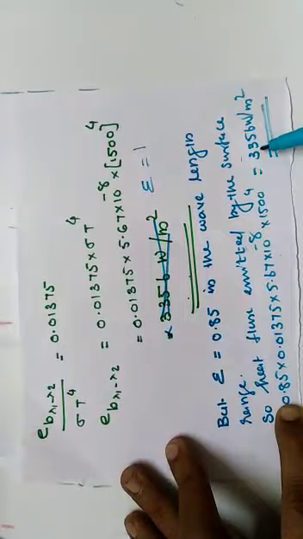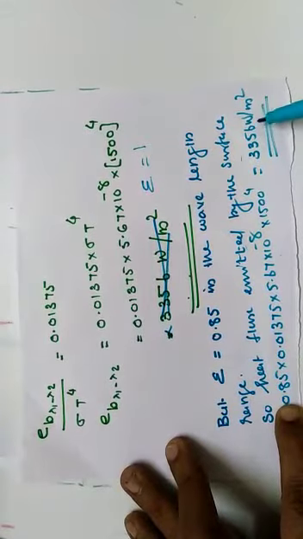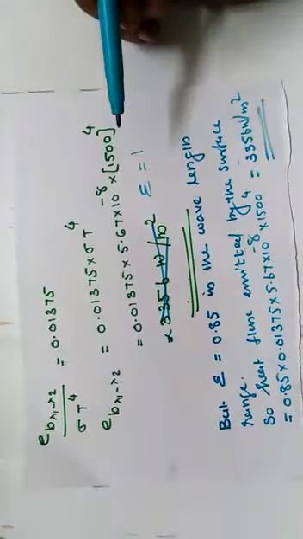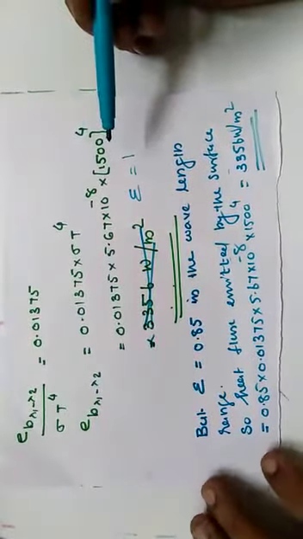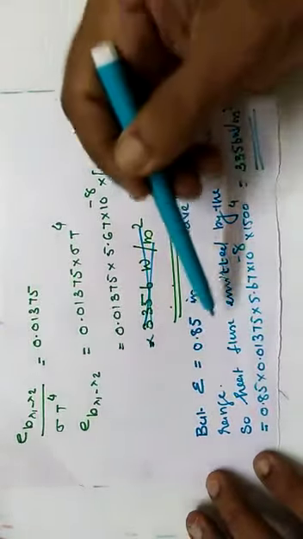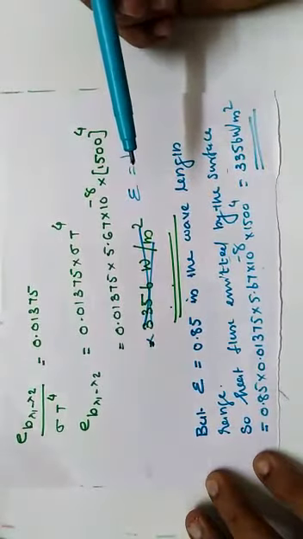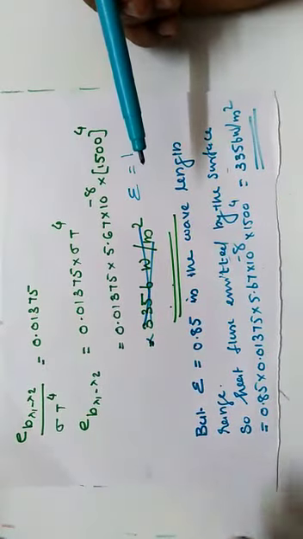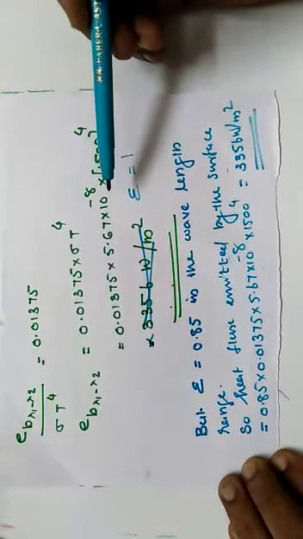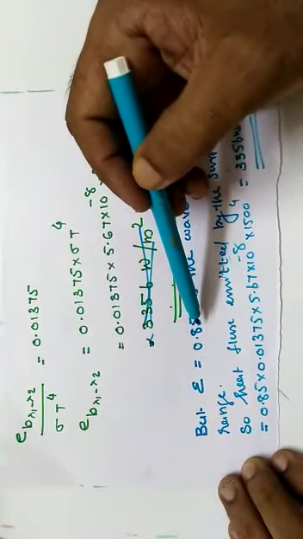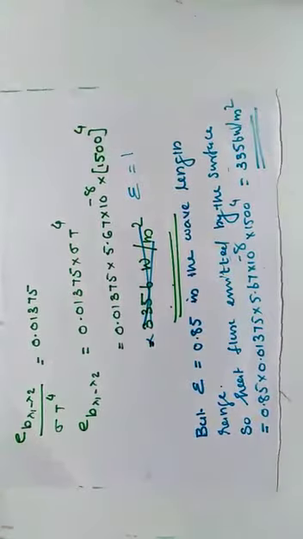That will give you 3356. Here the issue is that the emissivity of the surface is not equal to 1. It is 0.85. So you calculate the actual emissive power within the stipulated wavelength band, then multiply it with the value of epsilon, and you will get the actual emissive power of the surface.